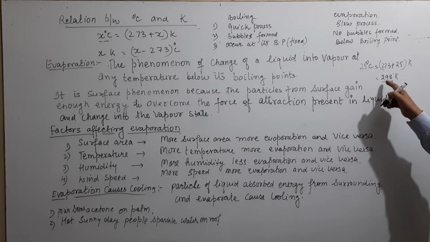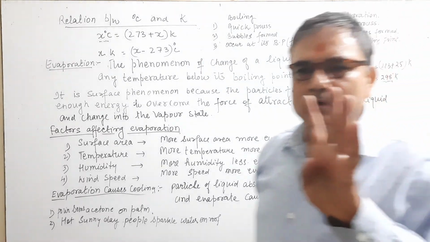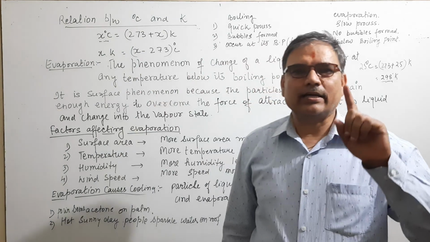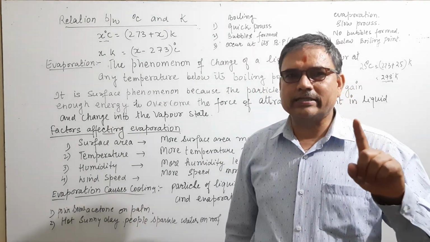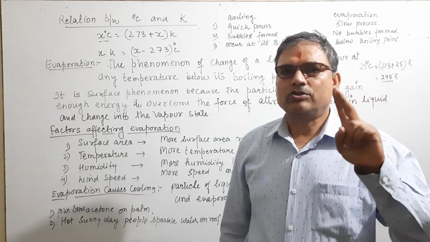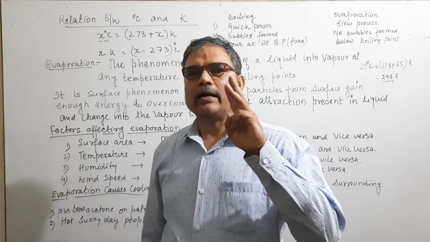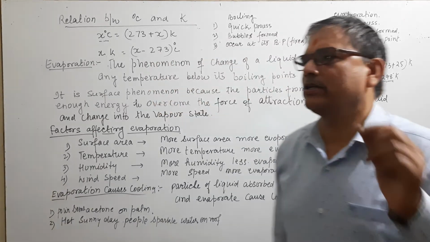It means you know very well the water exists in three states: solid at a temperature of 0 degree Celsius, liquid at a temperature between 0 and 100, and at the temperature of 100 it occurs in gaseous, vapor state, steam state.